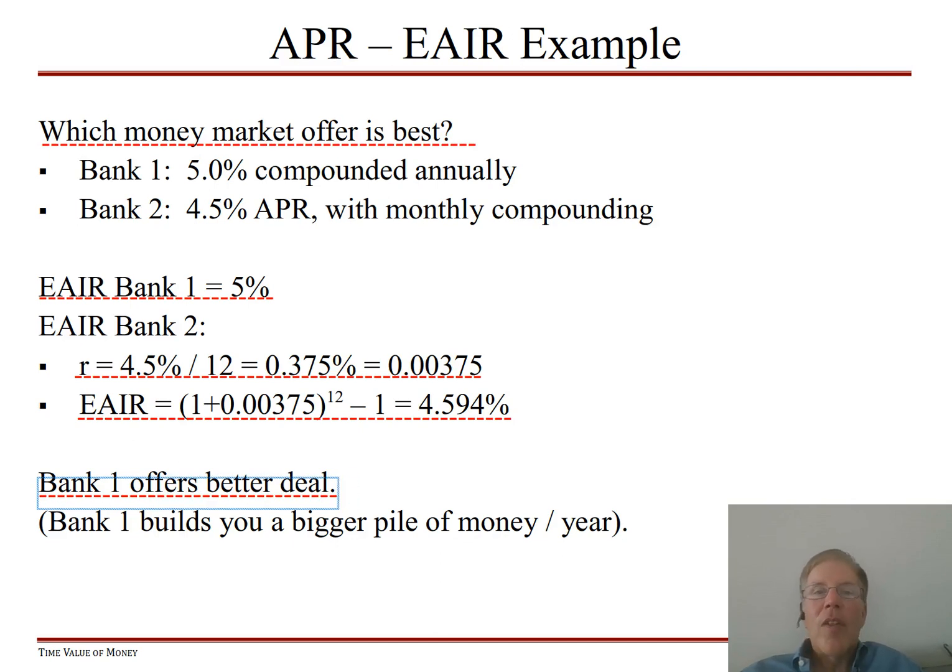Okay, so the purpose of this example was to see how EAIR is good for comparing different deals with different compounding periods, and also to figure out, when you're given not the information that you want but the APR of a deal, how to convert APR to R, compounded monthly in this case, and then once we have the R compounded monthly, compute the equivalent annual interest rate.